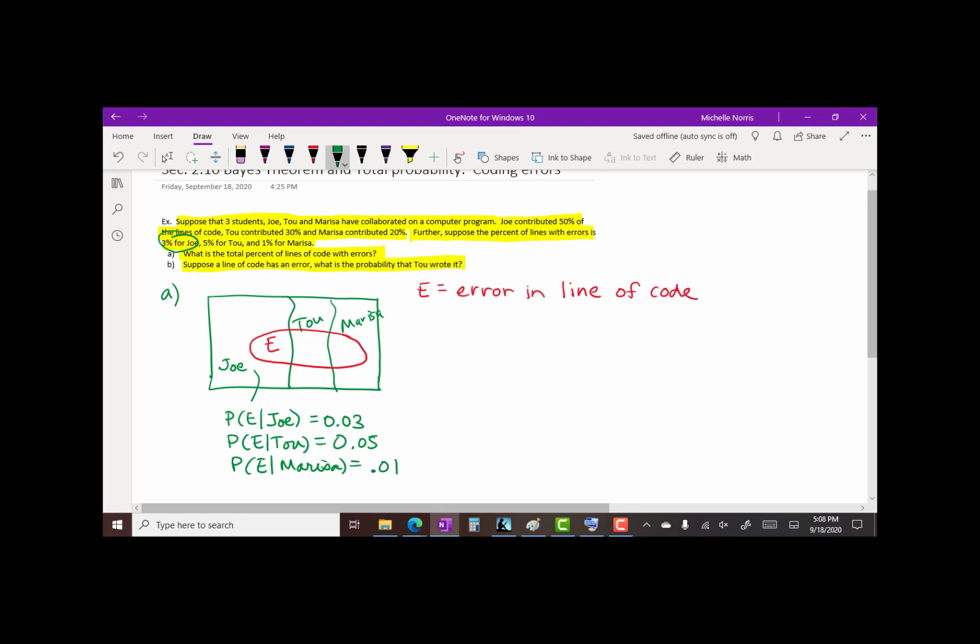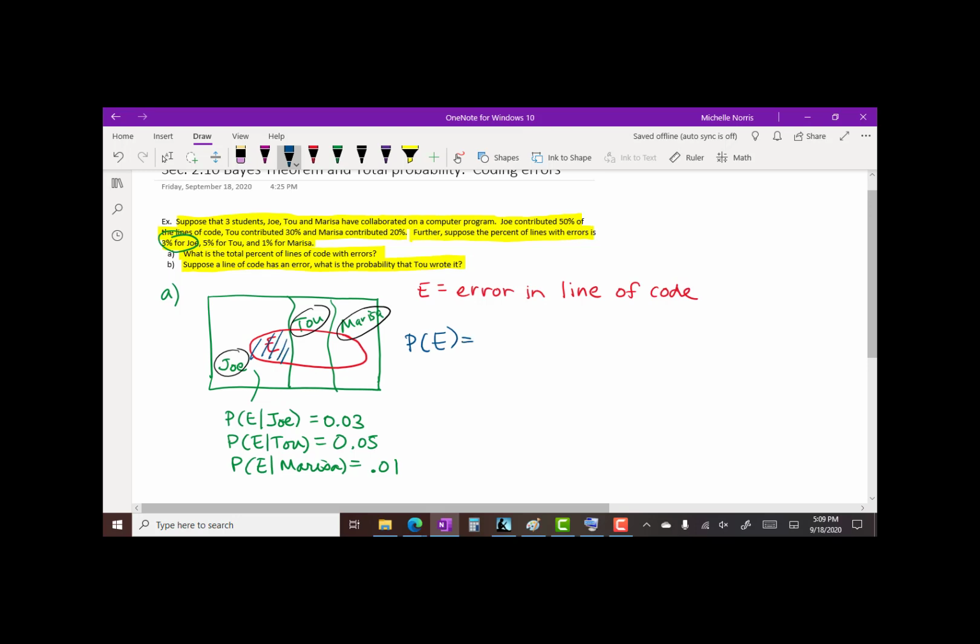So we know within each of these groups, whether it's Joe, 2, or Marissa, what the probability of an error is, but we want to know, if we pick out of the whole program, we don't know who wrote it, what's the total probability of an error, or the unconditional probability of an error. So we're going to use Bayes' theorem for this. The probability of an error is going to be composed of 3 pieces.